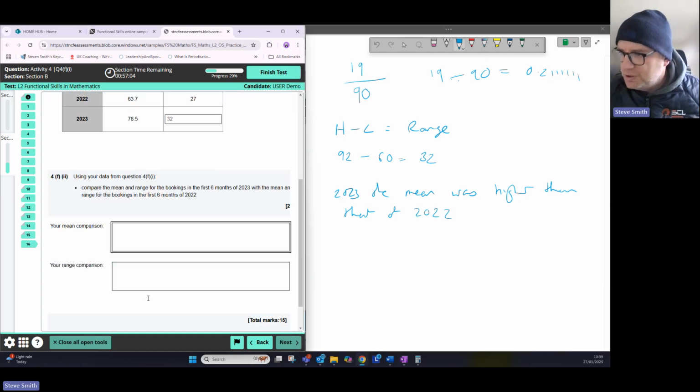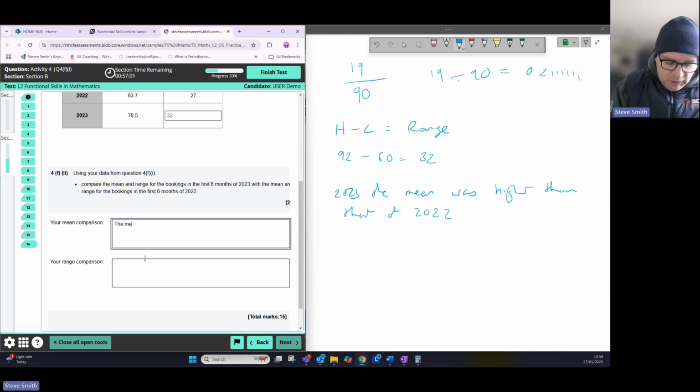That mean in 2023 was higher than that of 2022. And I'm putting here 2023 was 678.5 and 2022 was 63.7. Okay, that's my comparison. It's higher. I've told them which one's higher.